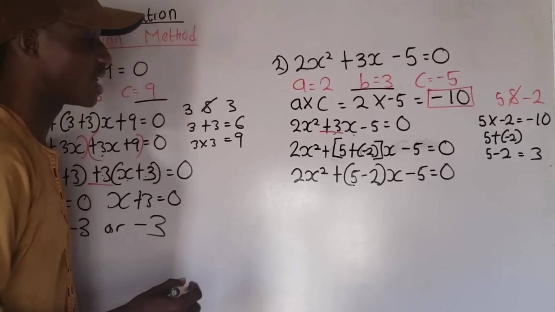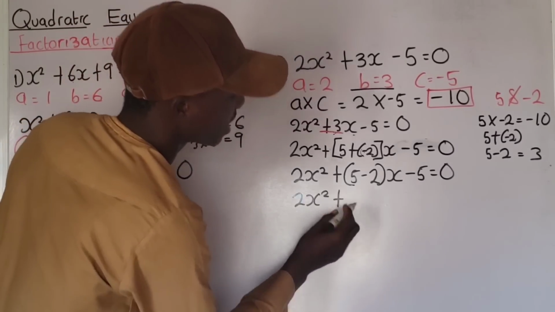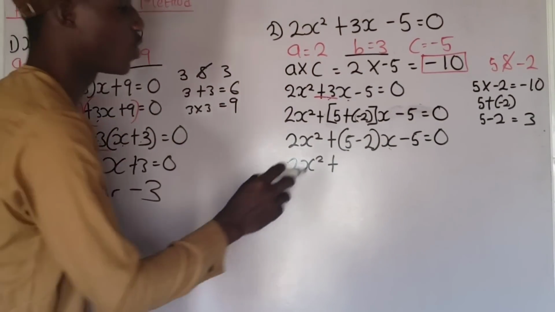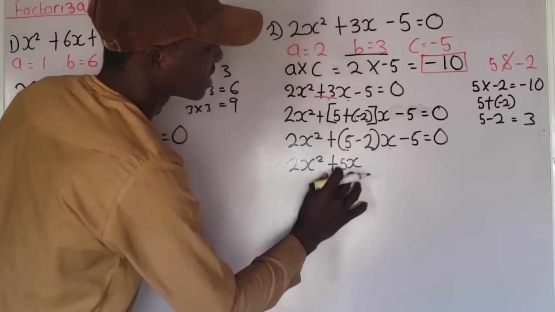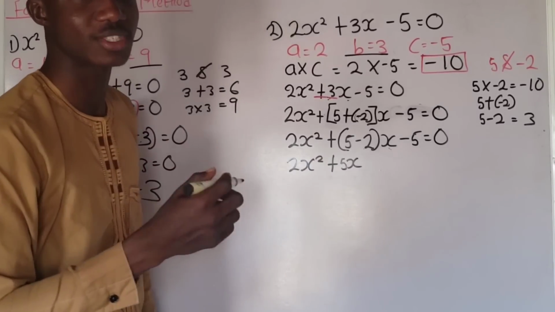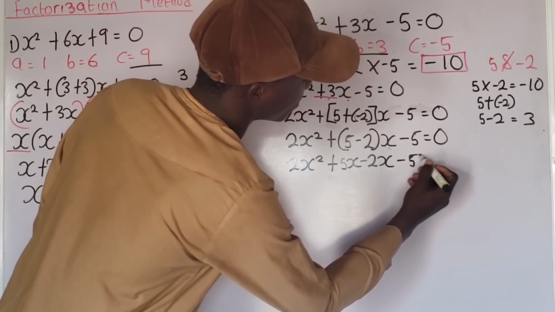You understand? Okay? Here I'm going to have 2x squared plus, now this x will multiply 5 and negative 2. You understand? So 5 multiplied by x is what? 5x. I'm going to have plus 5x. Negative 2 multiplied by x will give me what? Negative 2x. Do you understand? Here I'm going to have negative 2x, negative 5 equals 0.